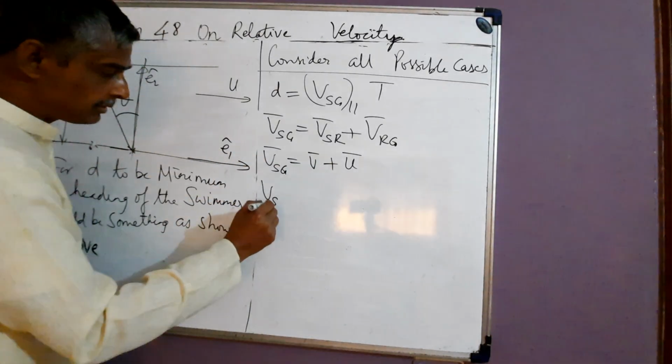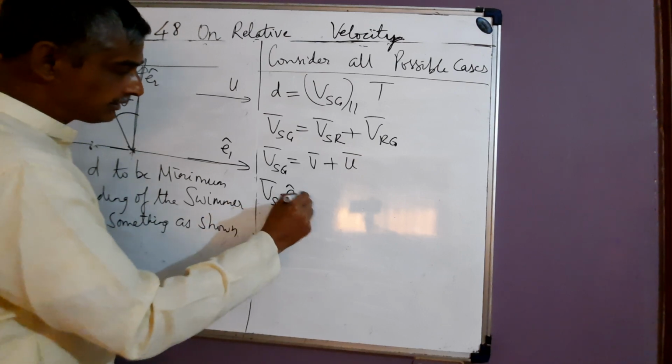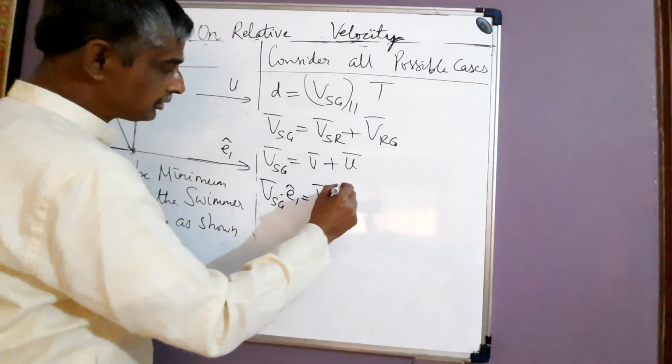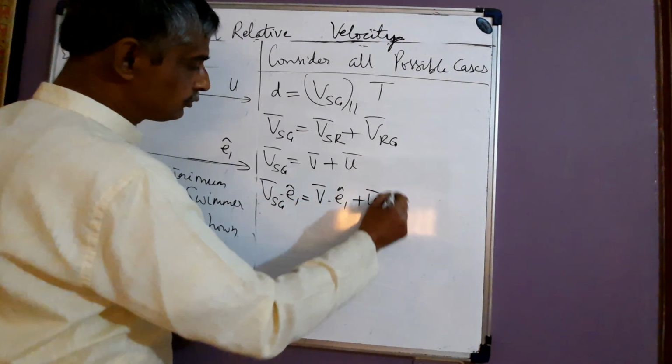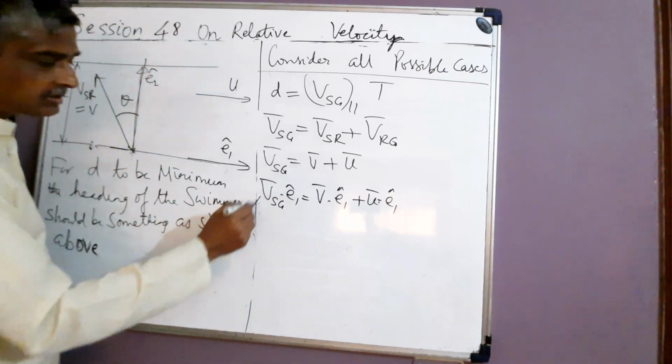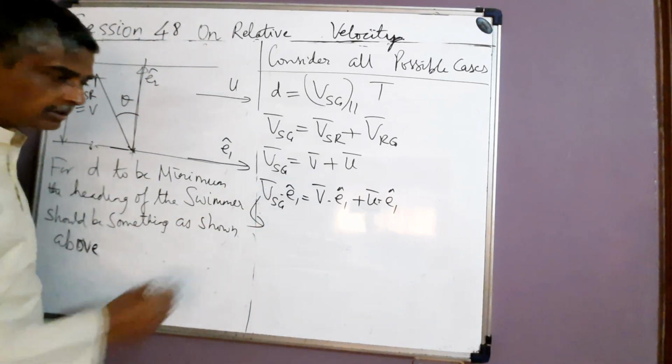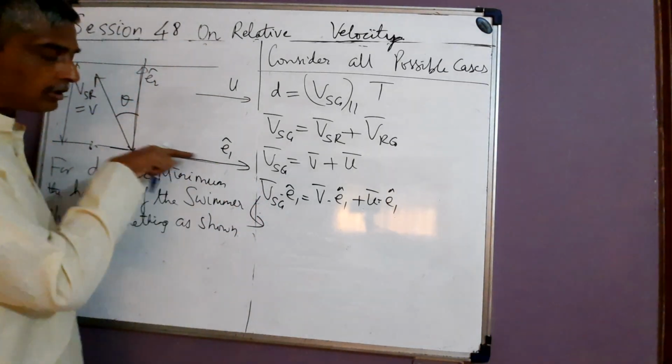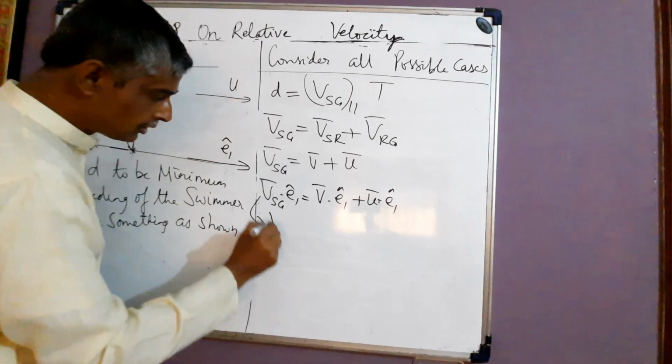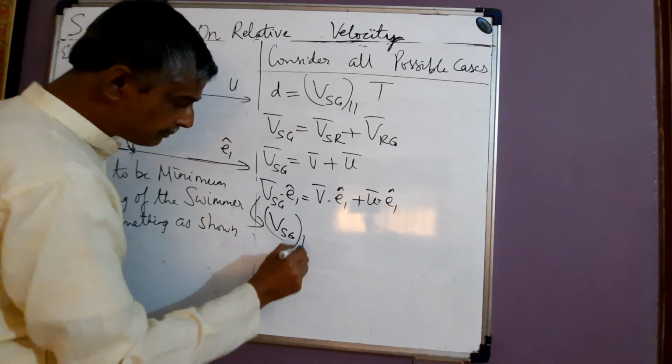So VSG dot E1 hat is equal to V dot E1 hat plus U dot E1 hat. VSG dot E1 hat by definition of dot product is the component of VSG along E1, that is along the river flow direction. So this is the quantity VSG parallel.